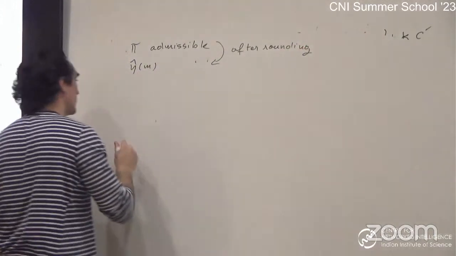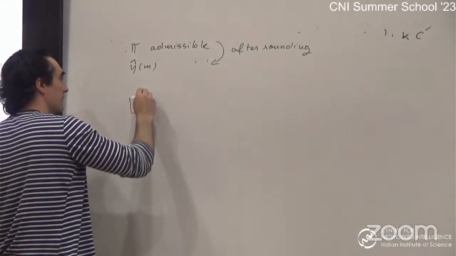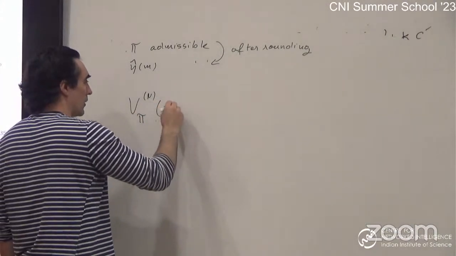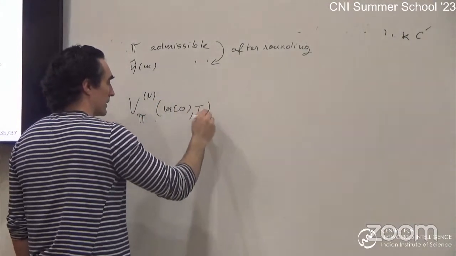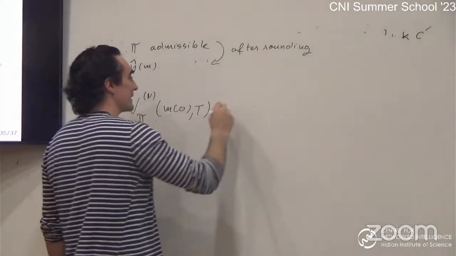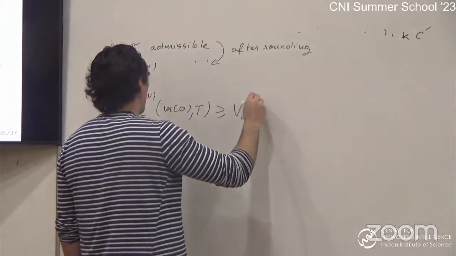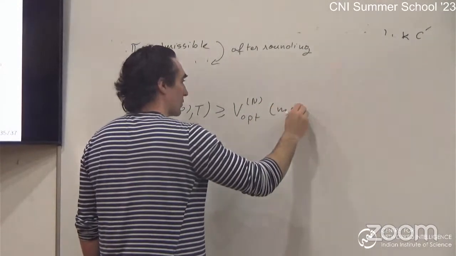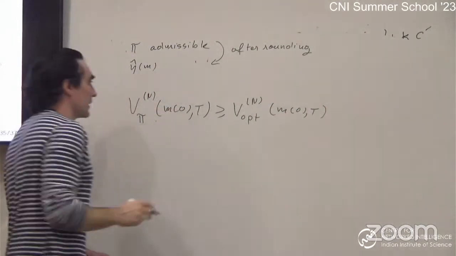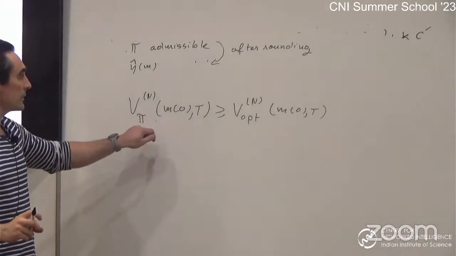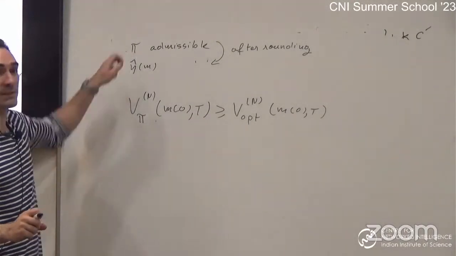what do you have? You have V_n of pi on the n-arm problem is greater than or equal to V_opt, the optimal solution of the n-arm problem. You have this inequality. Why? Because imagine that pi was not admissible.